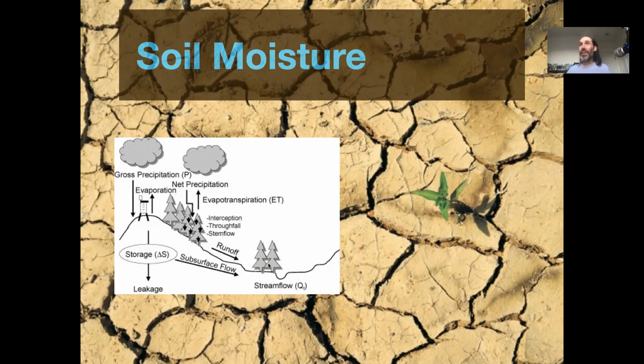It's critical to all the animals that depend on these ecosystems, people, all of our biogeochemical cycles beyond just the hydrological cycle, but the nitrogen cycle, carbon cycle, silica, sulfur, like all of our biogeochemical cycles are tightly coupled to what goes on in the soil and the moisture status of that soil.